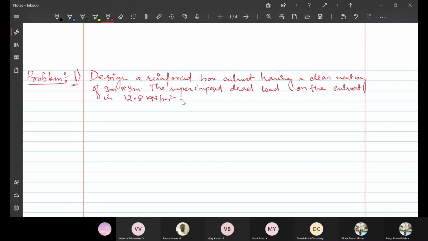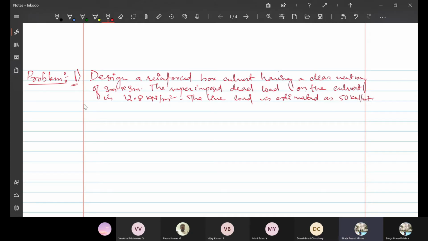The live load is estimated as 50 kilonewton per meter square.